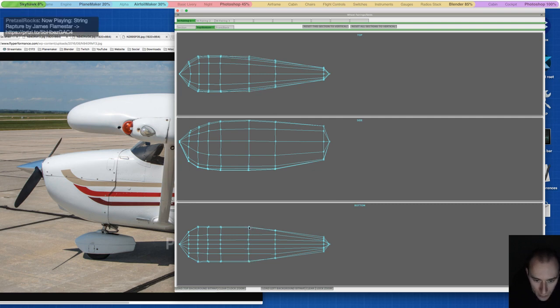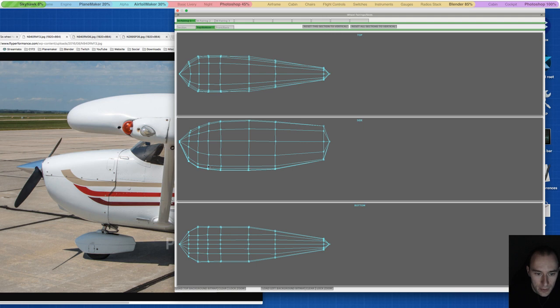And this one should be a bit on top. This is not bad at all. This one is inverted. This one should be there. Yeah, I think this is about right, to be honest.